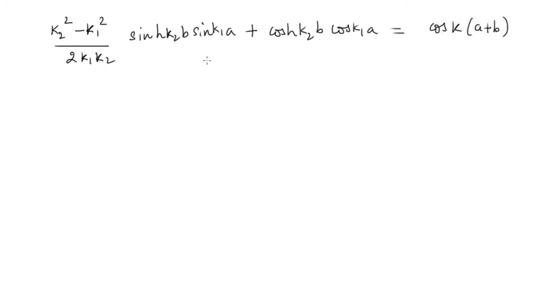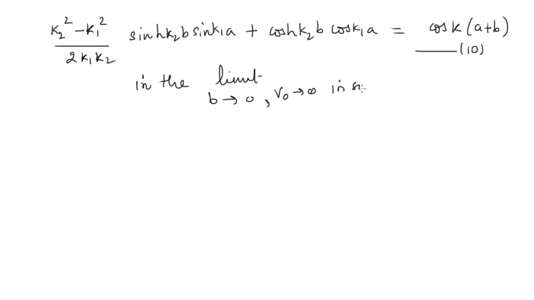This is equation number 10 in the limit b tends to 0, v0 tends to infinity in such a way that v0b remains finite.